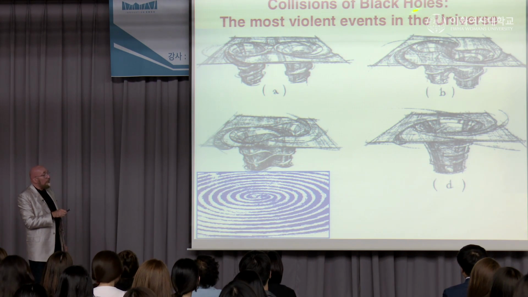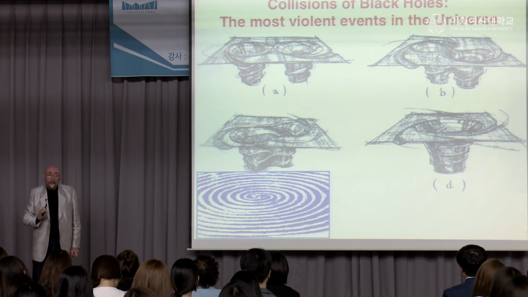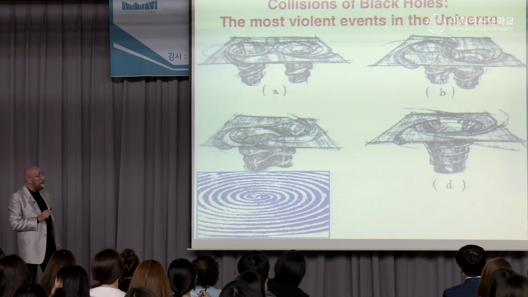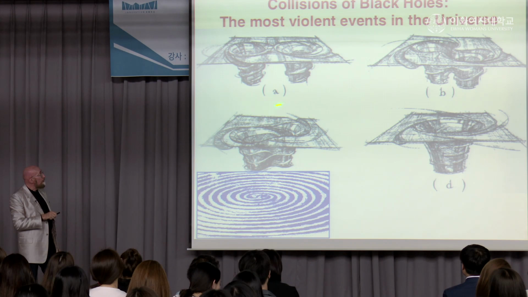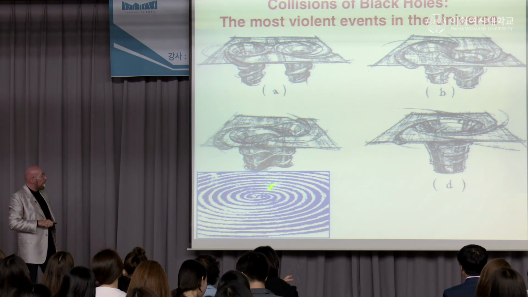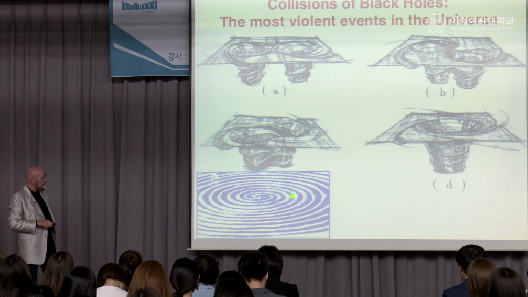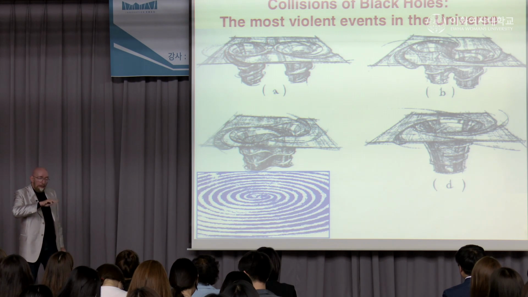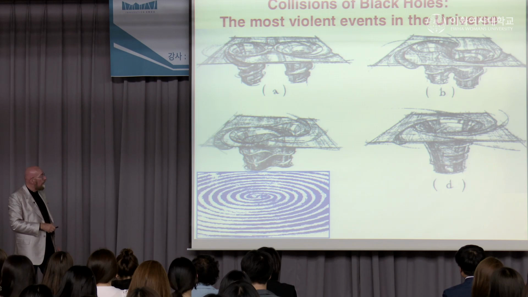Now, let me talk about black hole collisions. These, in fact, are the most violent events that occur in the universe. If you have two black holes, they orbit around each other, they collide, they merge, they produce a very large burst of gravitational waves that go traveling out through the universe like waves on the ocean or on a pond of water.